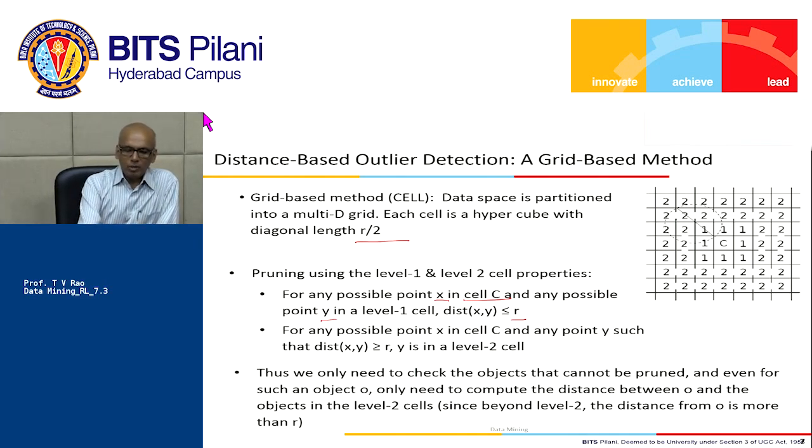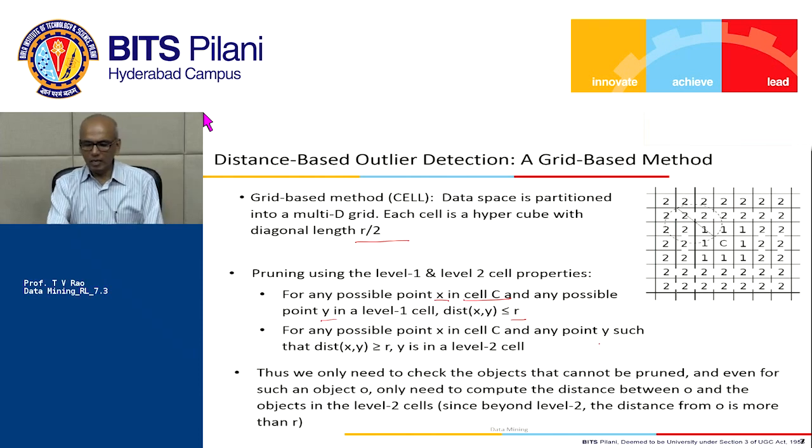Then the other possibility is that for any point x in cell C, there is no point such that the distance is less than r in level 2. So we are looking at the cell C and we first compare with the level 1 cells, and once we find something less than r, then we are clear that we don't need to consider this as an outlier.